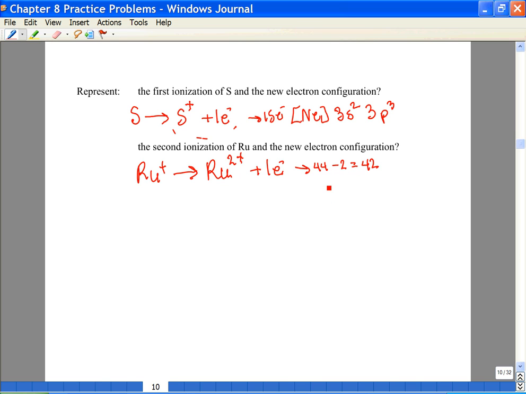And we represent the electron configuration with the krypton core and 5s2. The krypton core has 36 electrons in it. This is 40. And that will be 42.